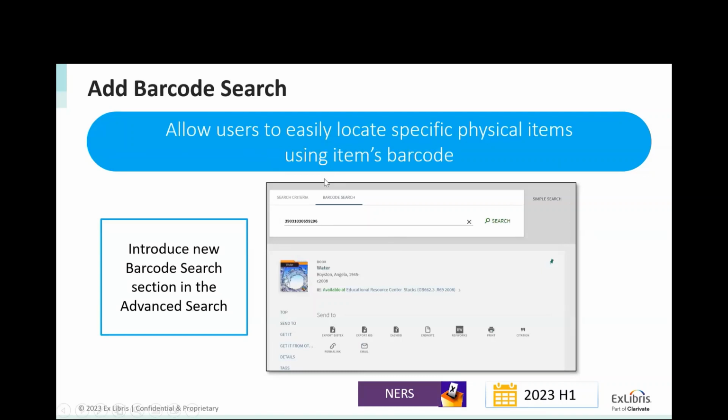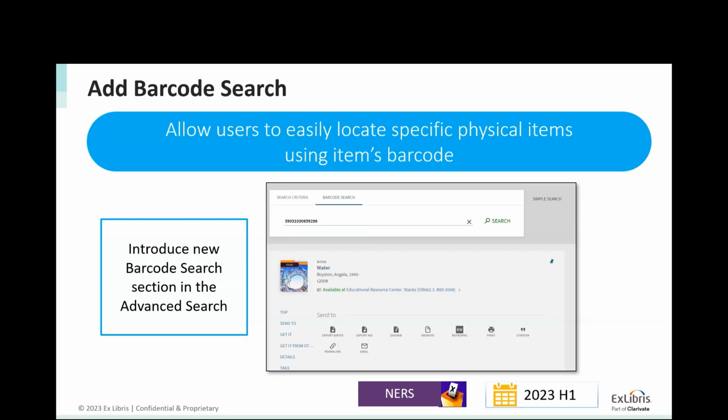So we added a new barcode section here, allowing a user to enter the barcode item, and once performing a search for that, we expect to get only a single record associated to that barcode item. This is actually scoped to the Primo Alma customer, as we are using Alma API in order to make it available for you.